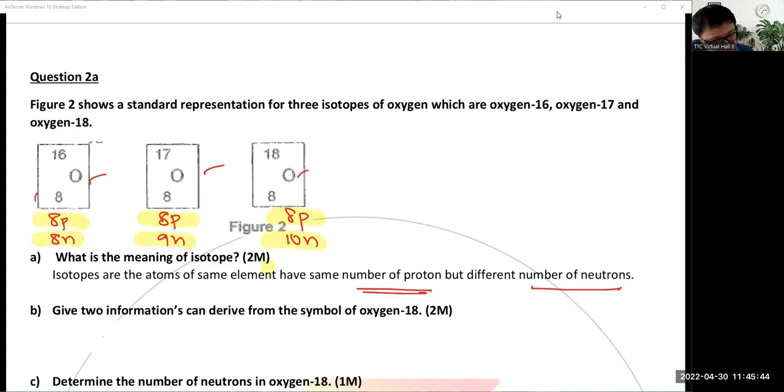Or you can also change it to this one. They have the same proton number. This is my proton number, and this one will be my neutron number.